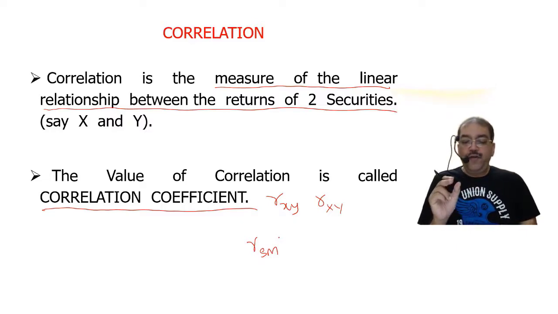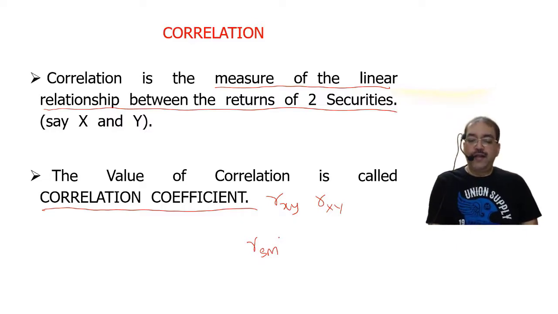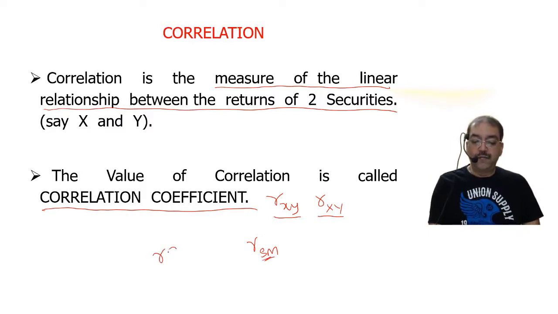So if it is between two securities X and Y, I write it as Rxy. If it is between security and market, I write it as RSM. SM is subscript. It is written below.